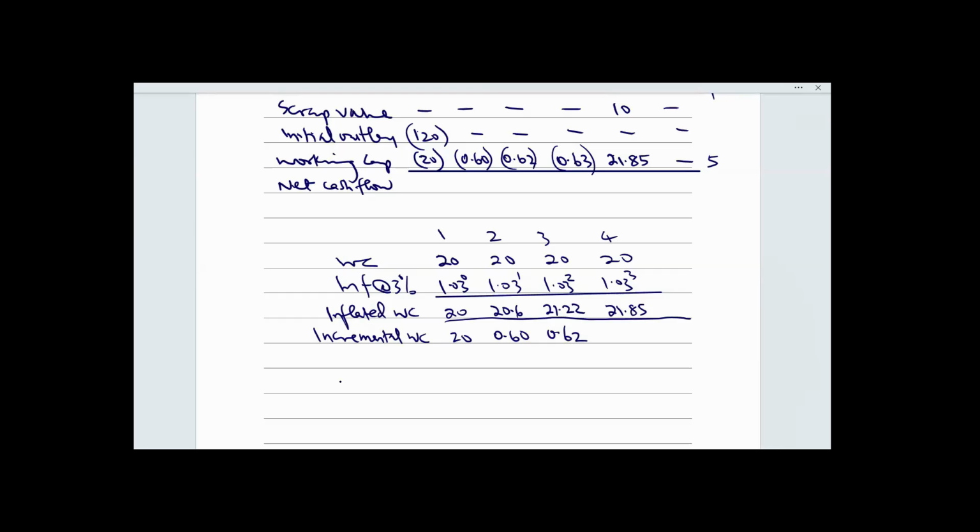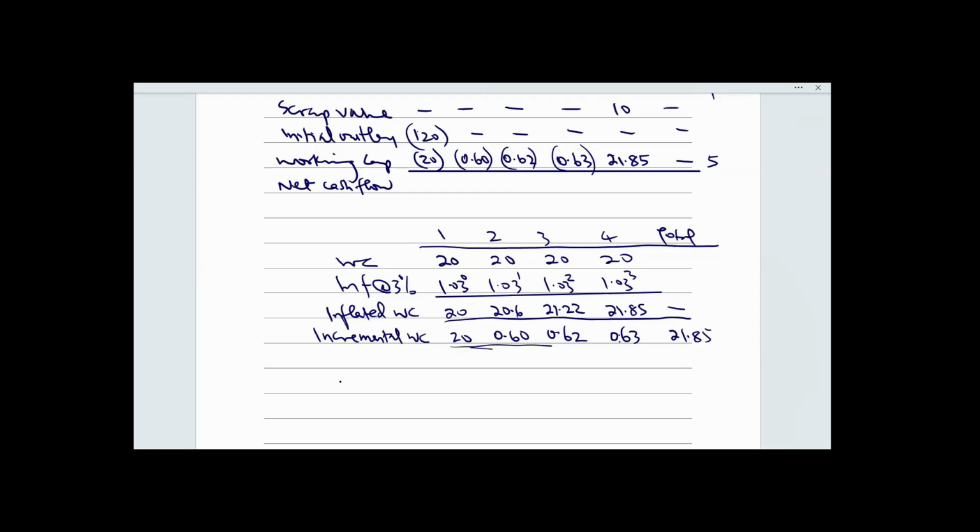So 21.22 to 21.85, the difference is 0.63, I think. Use your calculator, I believe that's 0.63. Then, of course, here is total. When you add up all of this, 20 plus 0.6 plus 0.62 plus 0.63, the total will give us 21.85.